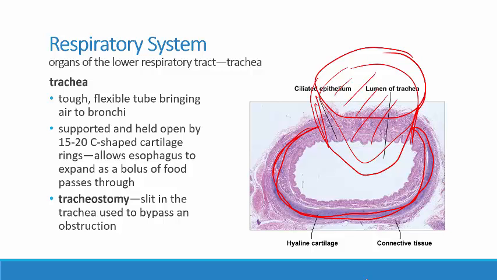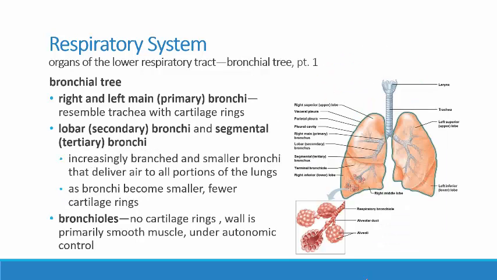So here's the trachea headed down to the lungs. The trachea divides into the right and left main bronchi, or primary bronchi, and they're very like the trachea, with cartilage rings holding things open. The main bronchus then will divide to serve the different lobes.